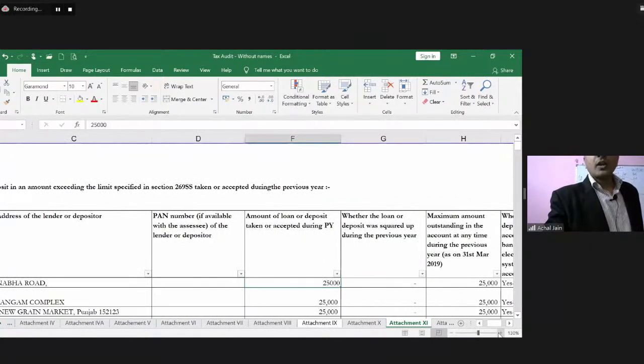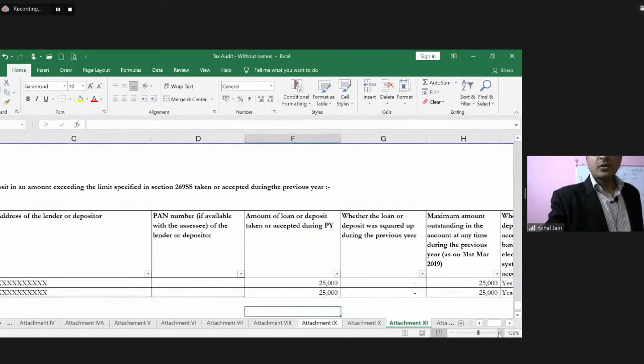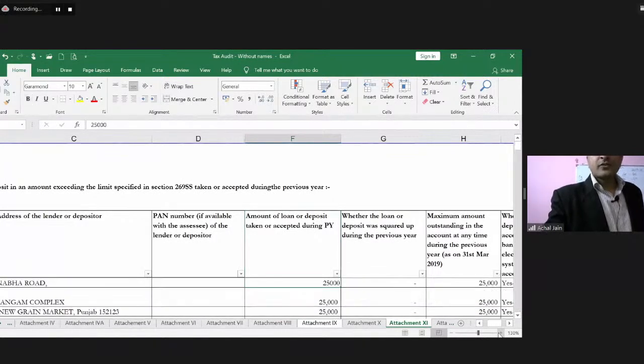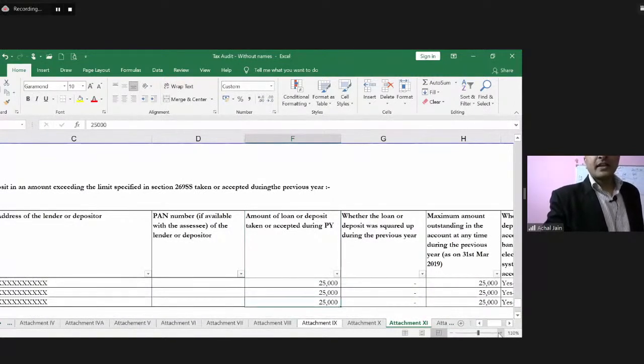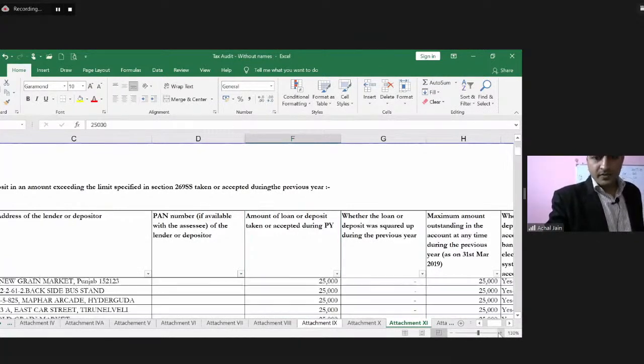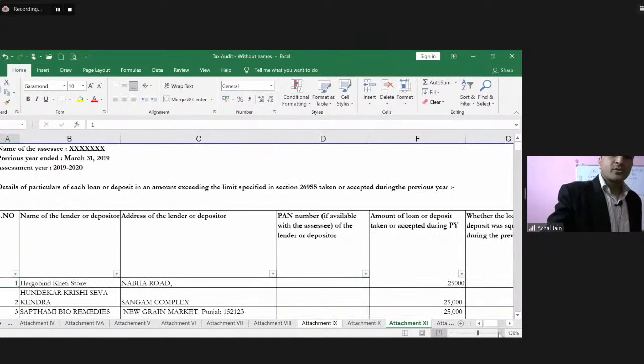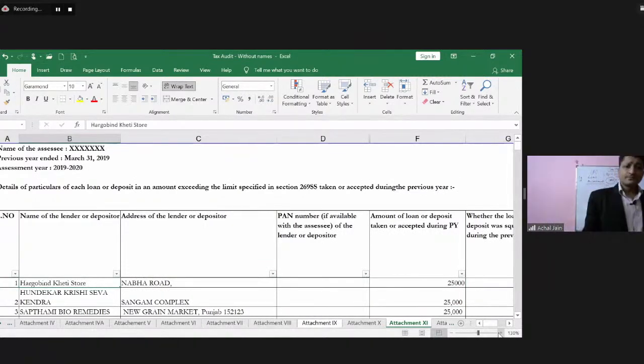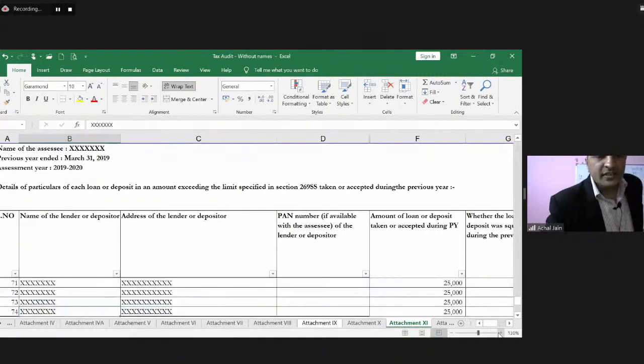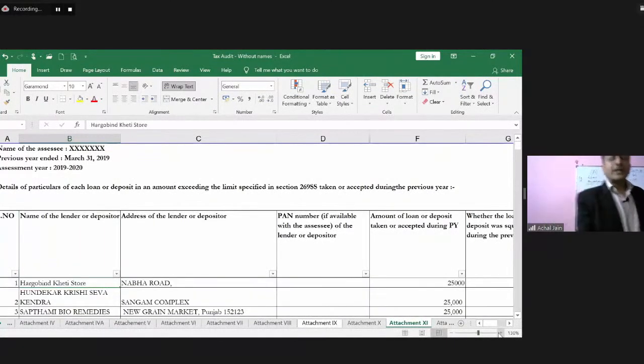Amount of loan or deposit taken or accepted during the previous year. So we will go to the total at the end, and we will get the total of all loans or deposits taken or accepted during the previous year. And this can also be traced to the books of accounts. But if you see, there are 82 line items over here.